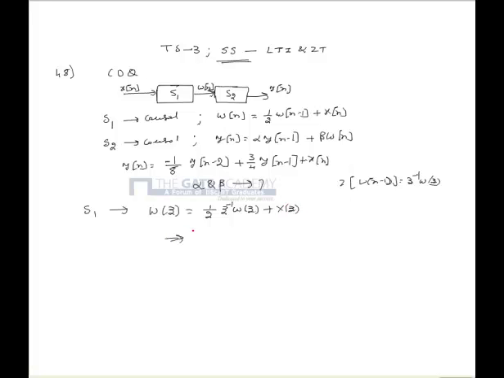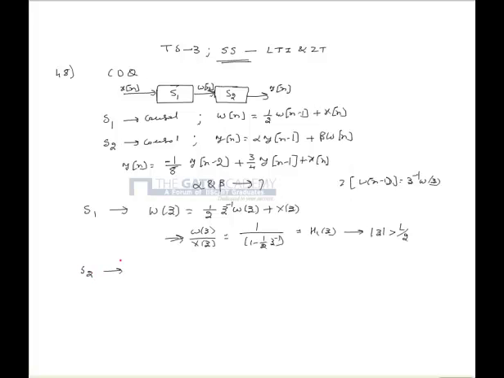So upon simplifying this, W of z divided by X of z is equal to 1 by 1 minus half z inverse. So this is further equal to H1 of z. This is the system function of system 1 and the ROC of the system is modulus z greater than half. This is because the system is causal.